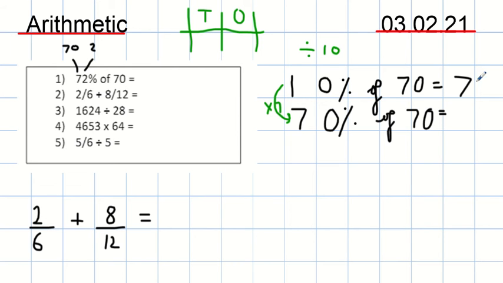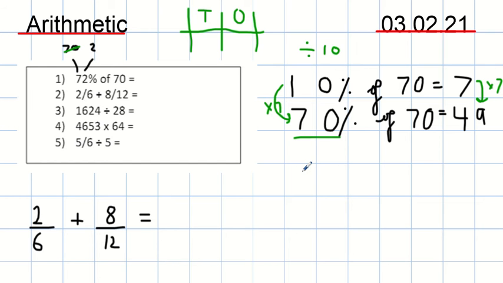So therefore, if I multiply 7 by 7, that's going to help me find 70%. So what is 7 times 7? Well done, everybody. It's a square number, isn't it? 49. So I have found 70% of 70. That leaves me with 2% left to find.